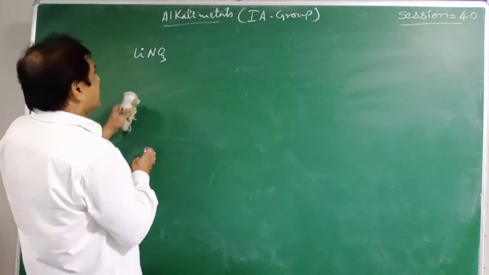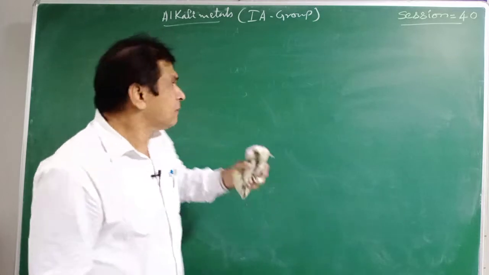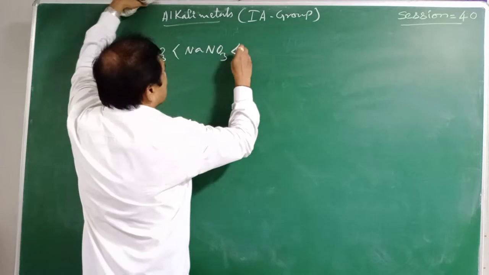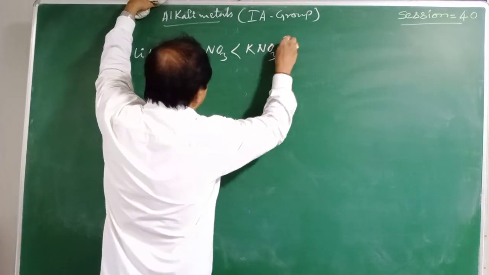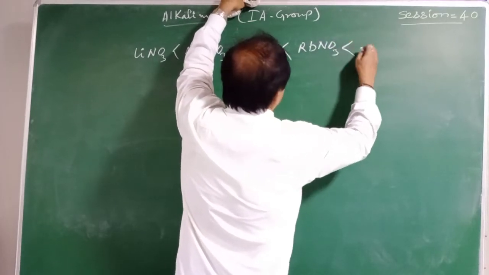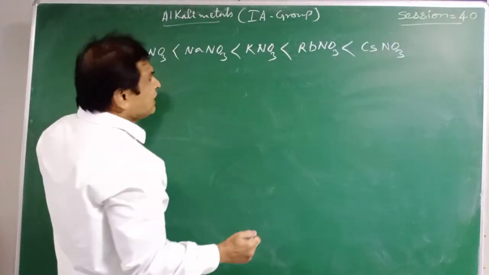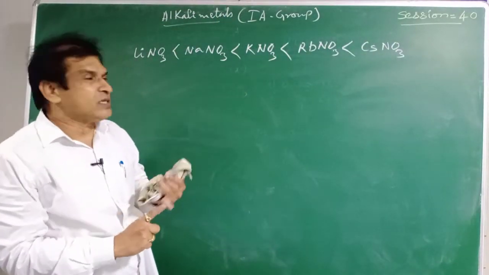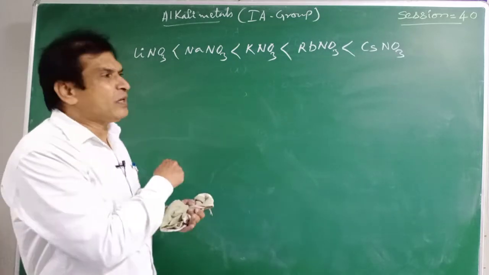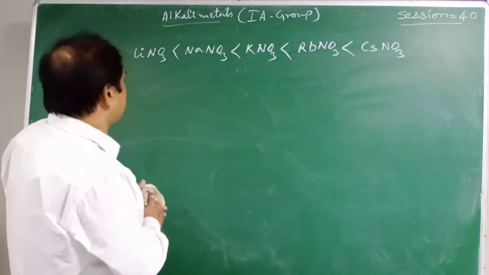Lithium nitrate is less than sodium nitrate, NaNO3, less than potassium nitrate, KNO3, less than rubidium nitrate, RbNO3, less than cesium nitrate. That means the solubility of hydroxides, nitrates, carbonates and bicarbonates we should remember, because all these points are important for objective exams.